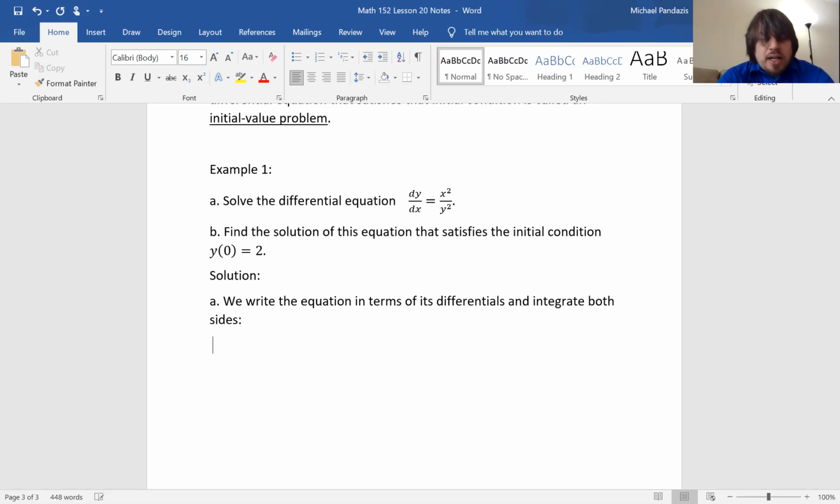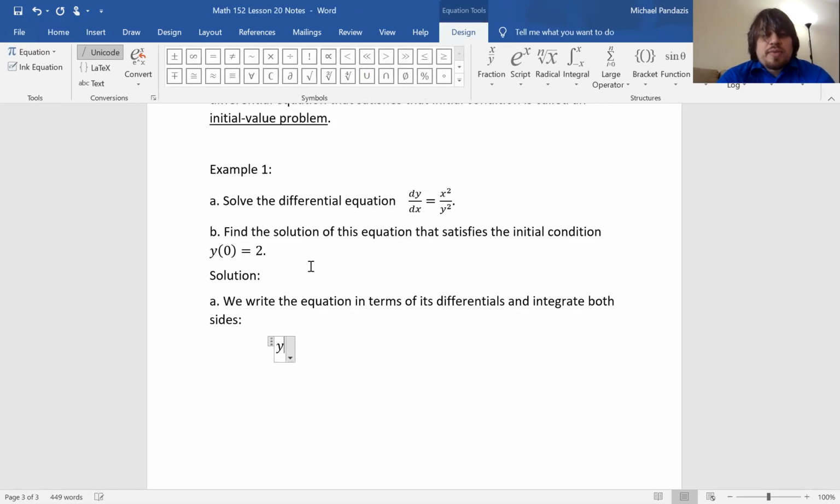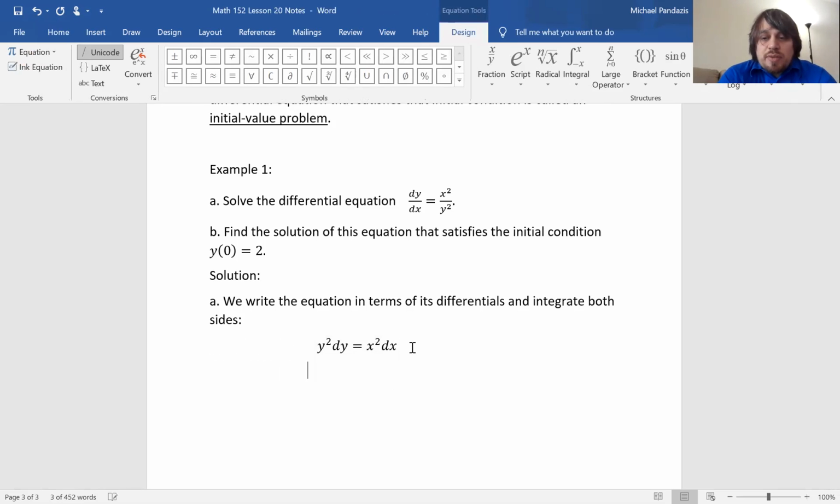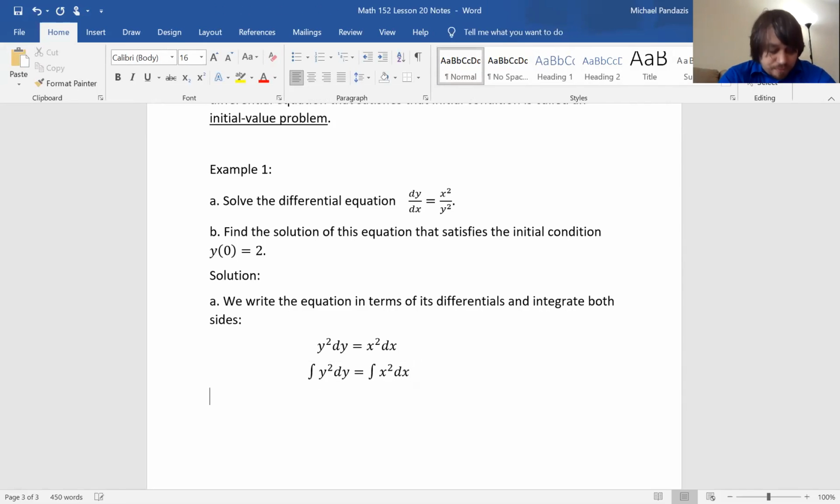To write this in terms of its differentials, you have y squared dy is equal to x squared dx. And then you're going to integrate both sides. It's the same equation, just with the integral sign in front. So you have the integral of y squared dy is equal to the integral of x squared dx.